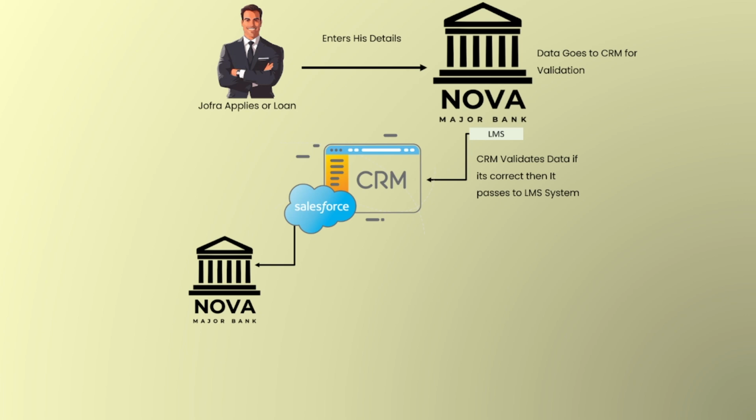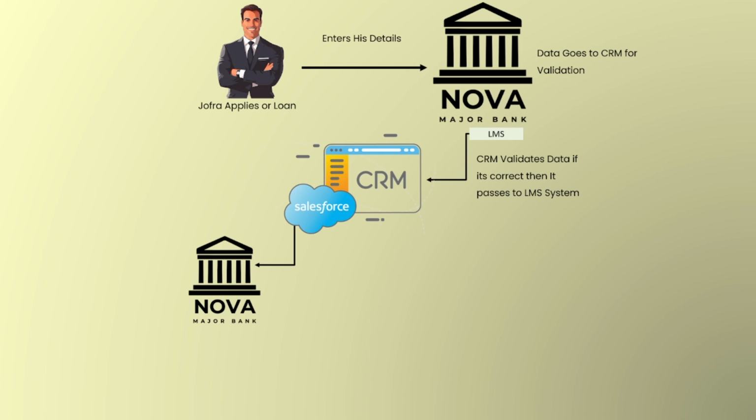So what is happening here? Data from one system is going to another system. This is nothing but integration. And in that system it is checked that yes, everything is fine. Now it is passed back to Noah Major Bank, and this is available to Jofra as well as all the end users.